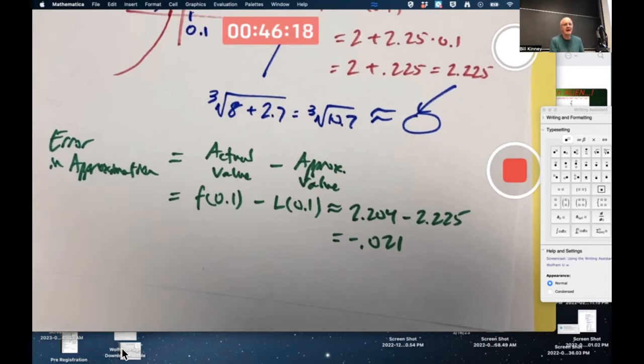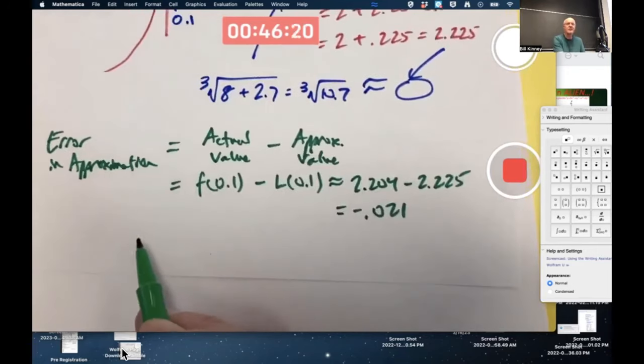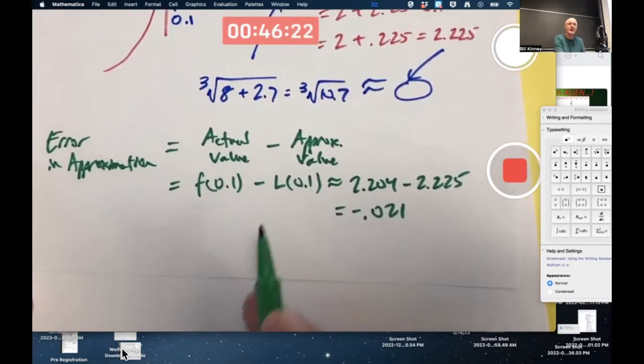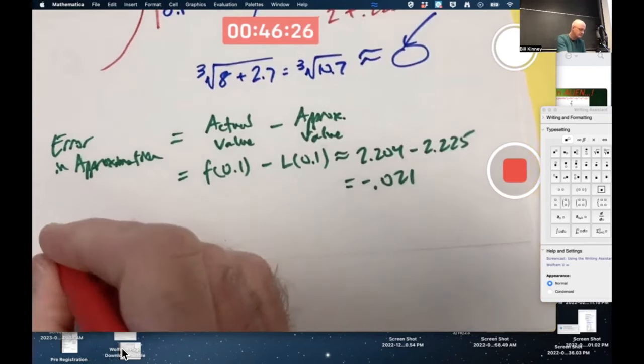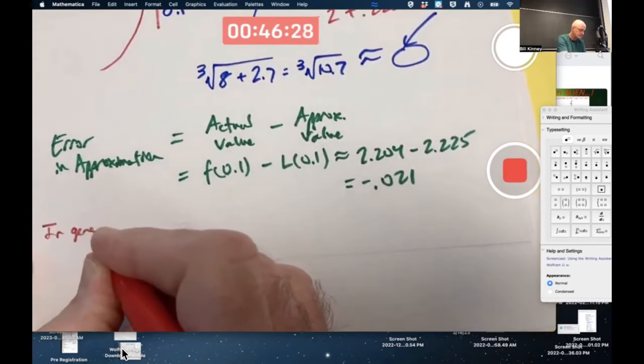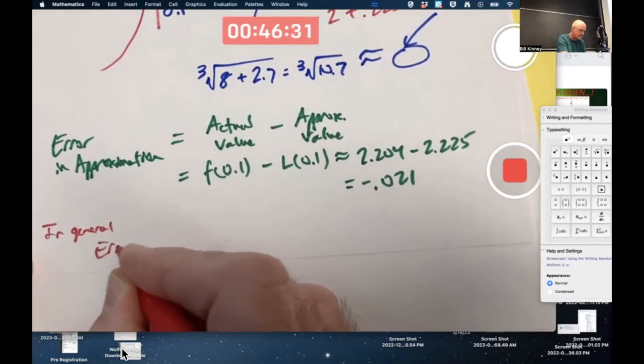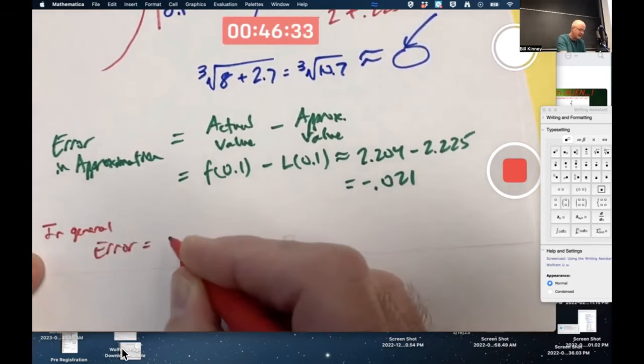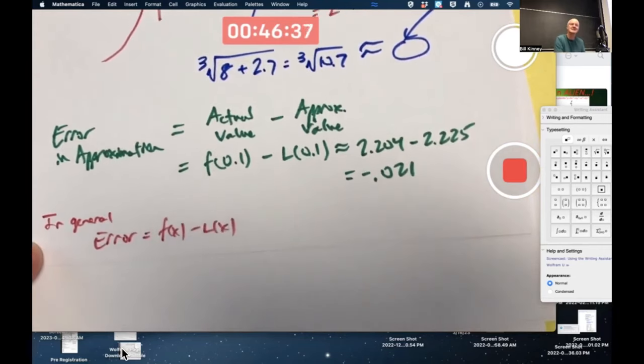It's also important to realize that this error in the approximation could work no matter what x is. In general, this approximation error is the actual value minus the approximate value. That's f of x minus L of x for any x.